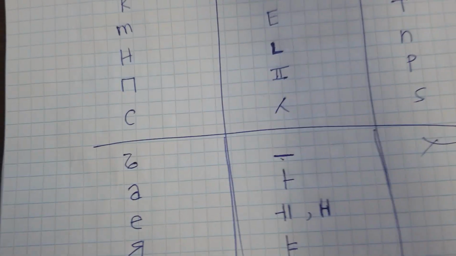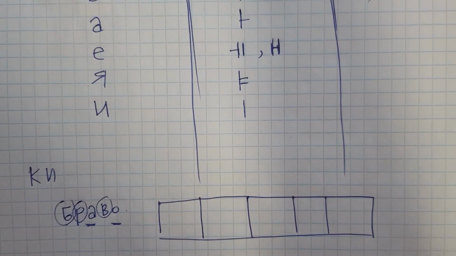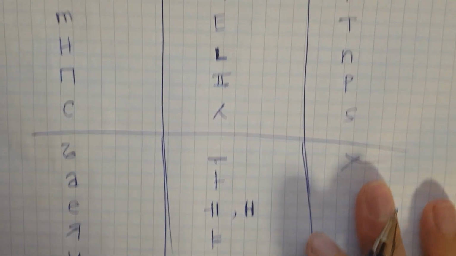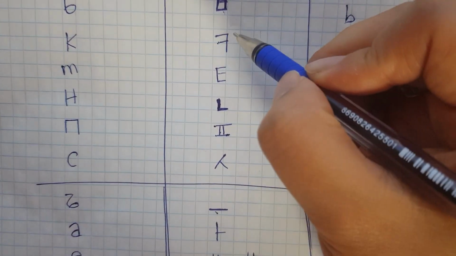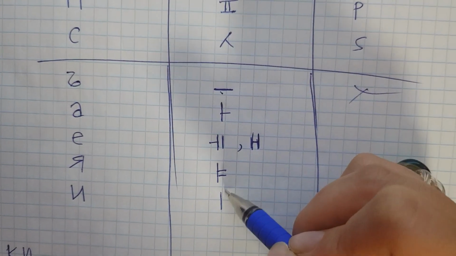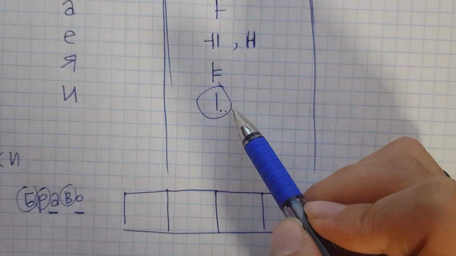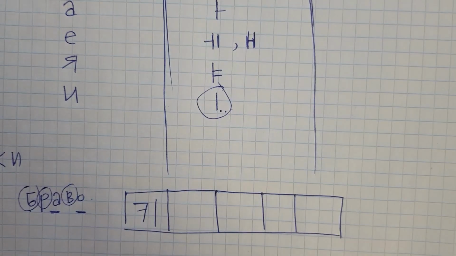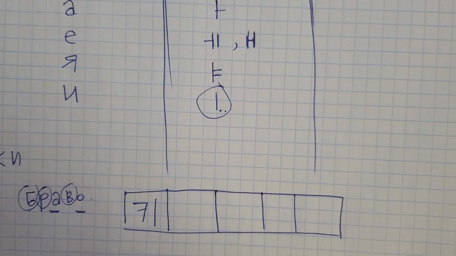Let's look for K here. There, that's K. And where's E? Here. So in this case, this vowel goes to the right. So this is key. Okay, that's easy enough.